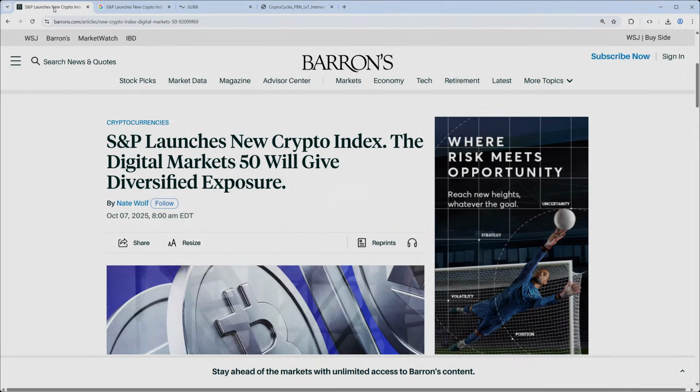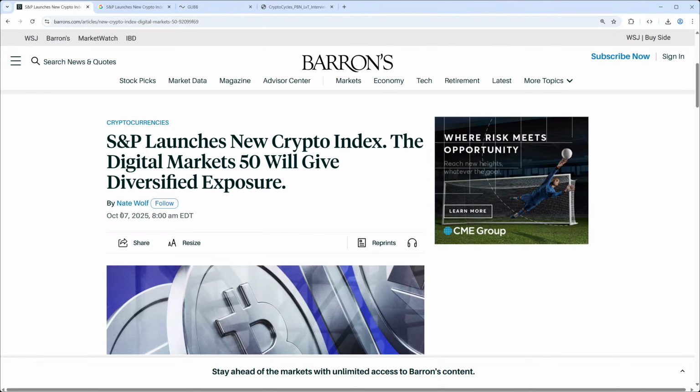By the way, before doing that, maybe you have followed the news recently, so it's no surprise given what I just said. Here it's the news from October: S&P launches a new crypto index. The Digital Markets 50 will give diversified exposure.